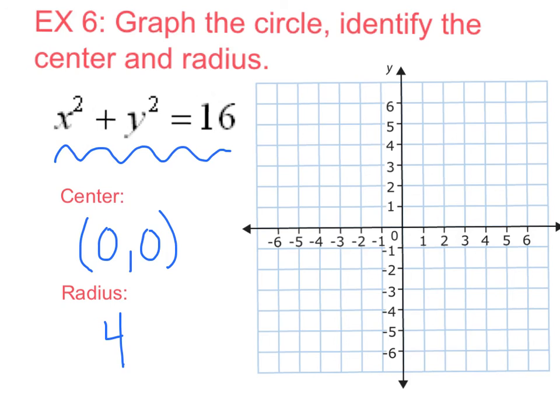When we graph, we start at the origin, which is the center, and you count 4 in all 4 directions. 1, 2, 3, 4, in each direction. And then connect your dots to form a circle. It doesn't have to be perfect, but you'll get the idea.